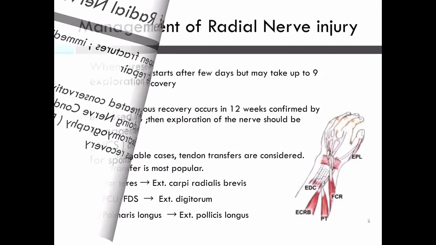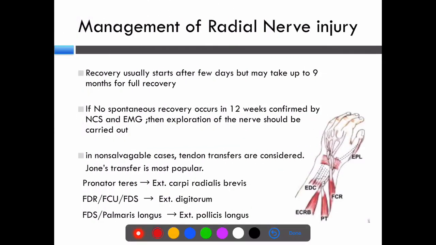So we generally wait up to 12 weeks. If there is no progression or no improvement of the radial nerve function by NCS or EMG, we go for exploration of the nerve.